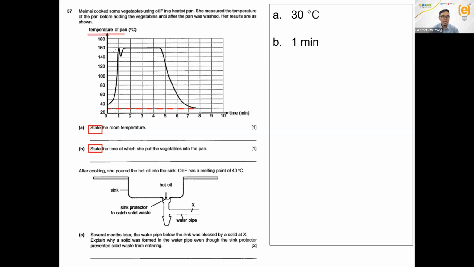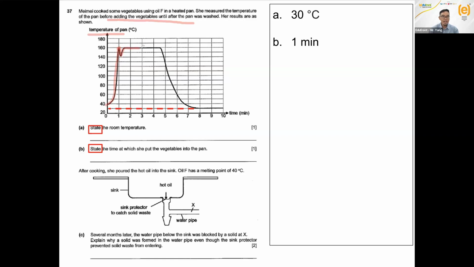When she heats up, the temperature of the pan increases, it goes up and up all the way until 100 degrees Celsius. She measured the temperature of the pan before adding the vegetable and after the pan was washed. This is the point where she added the vegetable. When you add the vegetable, there's a slight dip in the temperature of the pan, and then it increases again.